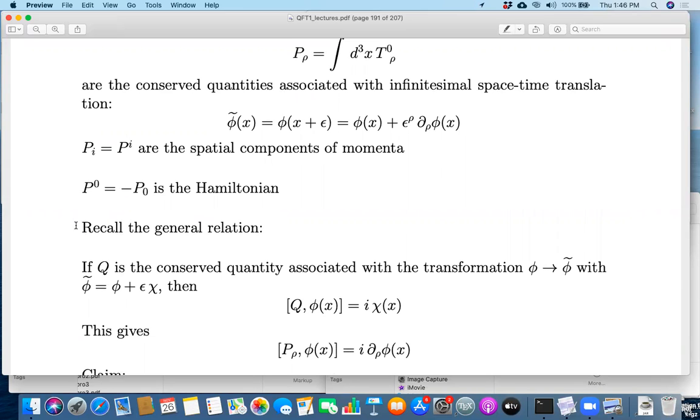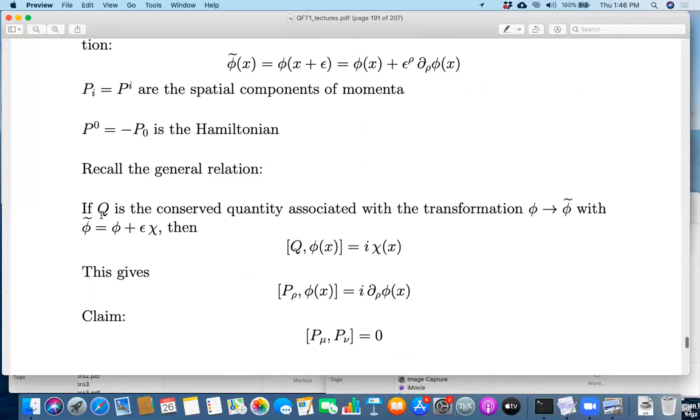So let's recall that there is a general relation that we had mentioned: if Q is the conserved quantity associated with some transformation, say φ to φ̃, and if φ̃ for infinitesimal transformation takes the form φ + εχ, then the commutator of Q with φ is given by i times χ. This property we had shown true for a special class of charges, but we had also said that it's true in general. And we'll proceed with this assumption that this is generally true.